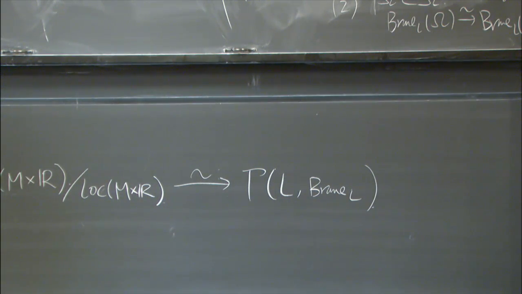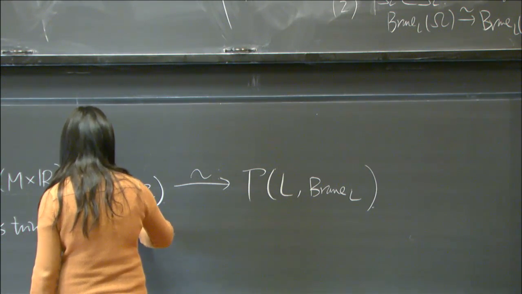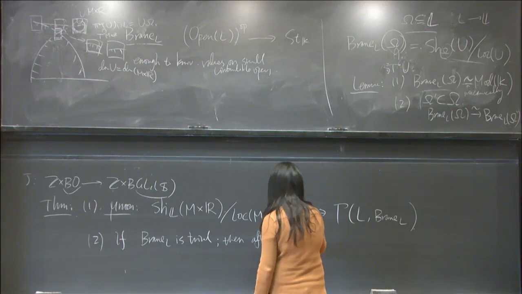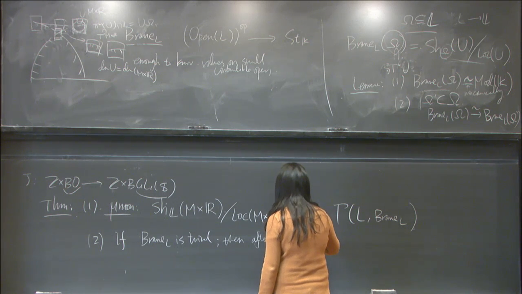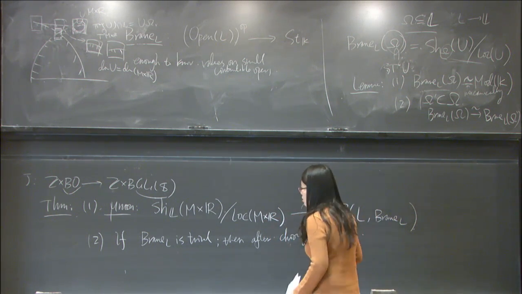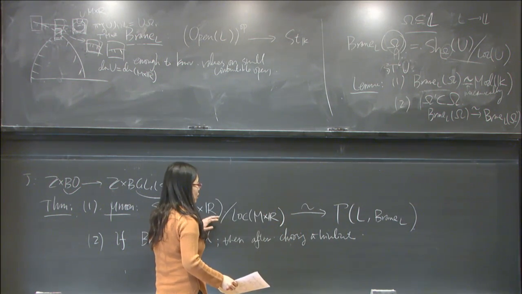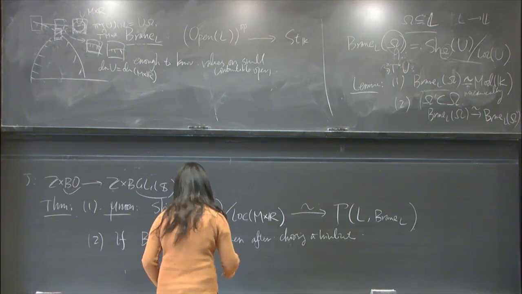Secondly, if Brane L is a trivial sheaf of categories, then after choosing a trivialization of Brane L, one can get a simpler version of the Nadler-Zaslow functor.